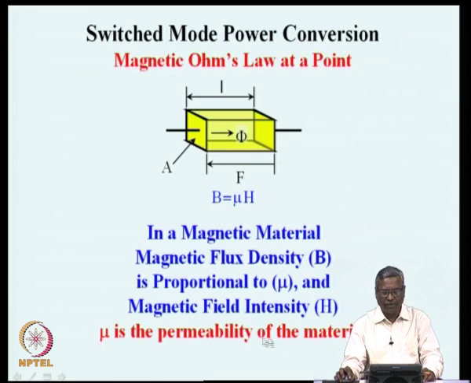Mu is the permeability of the material. In any magnetic material whose permeability is mu, if a magnetic flux density B is to be established, then it is necessary to set up a magnetic field intensity H, or alternately in a magnetic material whose permeability is mu, if a magnetic field intensity of H is established, there will be a resultant magnetic flux density B, and that is the relationship of magnetic Ohm's law at a point.